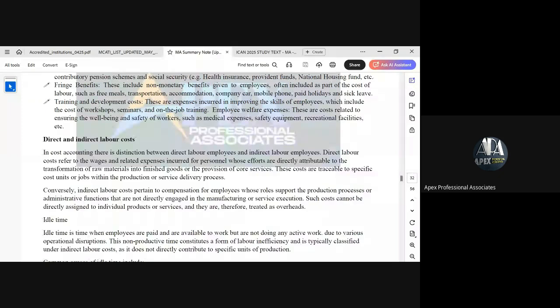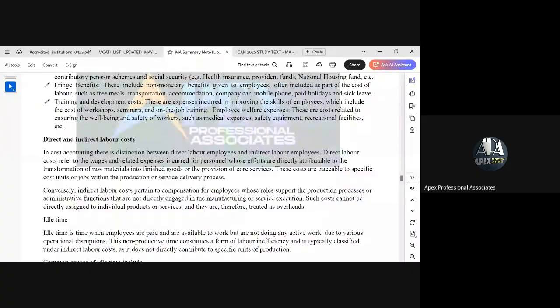Now, there are certain terminologies, like I was saying earlier, that you must consider when you are calculating the cost of labor for an organization, whether you employ the service of an artisan to work in your house, or somebody to teach you something, or there is a service or product you are making.